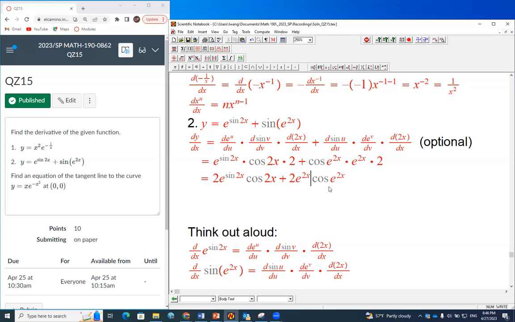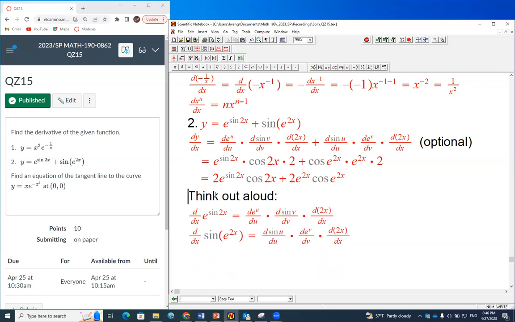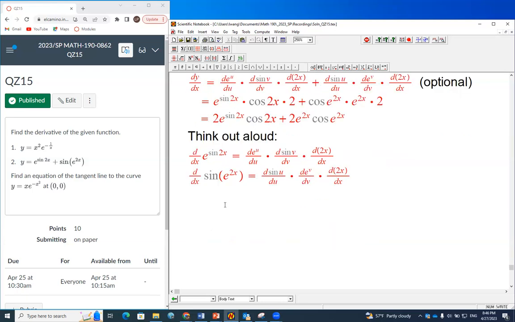So this will be clear and it's not going to cause any confusion. Okay, so when we write things down like this, you want to make sure that we don't cause any confusion or ambiguity.